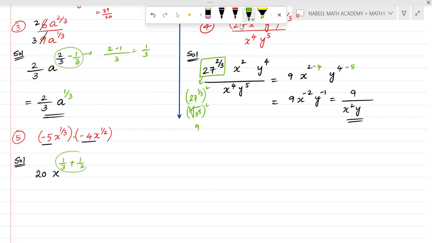So how will you simplify this one? The LCM is 6, then cross multiply, you will get 2 plus 3, which is equal to 5 over 6. So the final answer will be 20x to the power 5 over 6. That's it. Thank you.